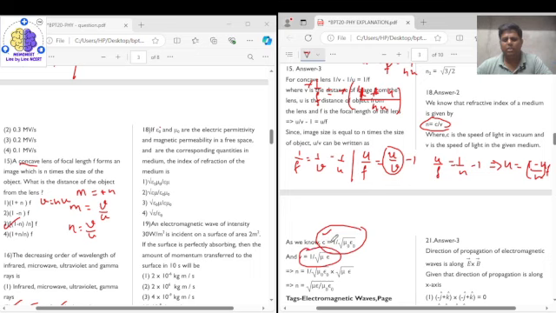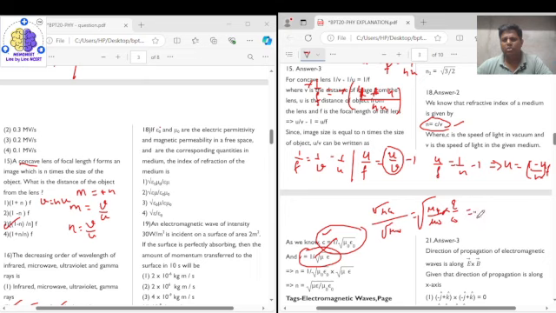So putting these values of c and v in this first equation, that is n is equal to c upon v, we get under root of mu into epsilon upon under root of mu naught into epsilon naught, and this would be equal to under root of mu upon mu naught into epsilon upon epsilon naught.